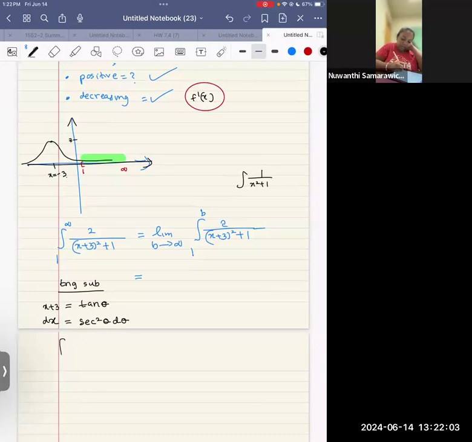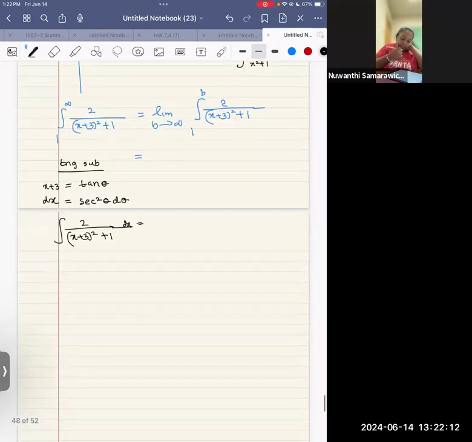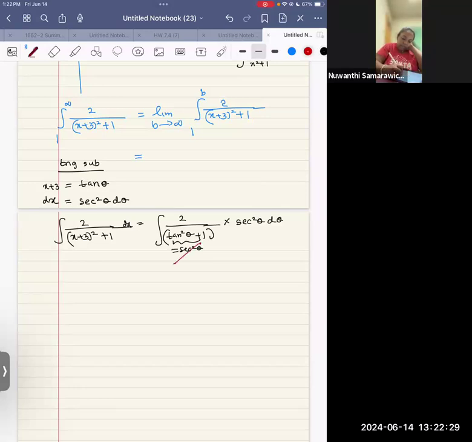So if I find the integration of this, this is tangent squared theta plus 1 multiplied by dx, which is secant squared theta d theta. This is secant squared theta, so we can cancel this with this. So you will have 2 d theta, that is 2 theta. And we can say this is 2 tangent inverse of (x plus 3).